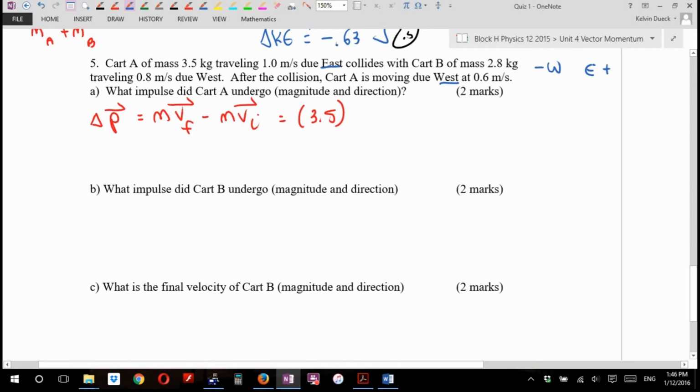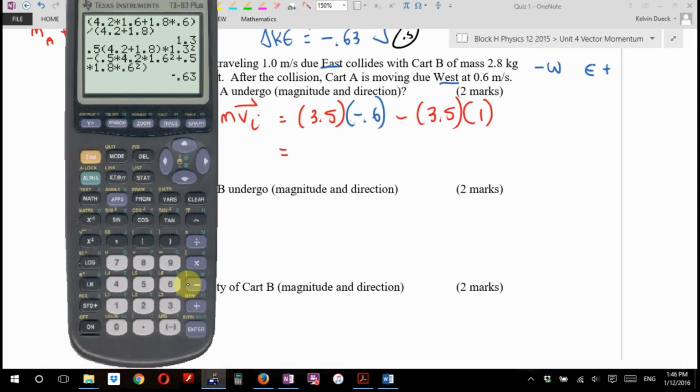So my final velocity of car A is west, so it's going to be negative 0.6 minus 3.5. My initial velocity is going to be positive 1.